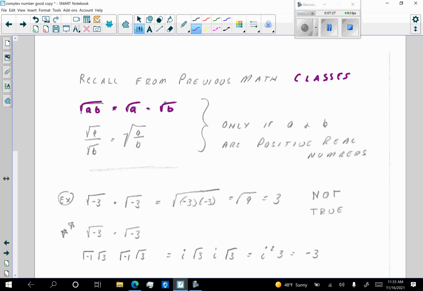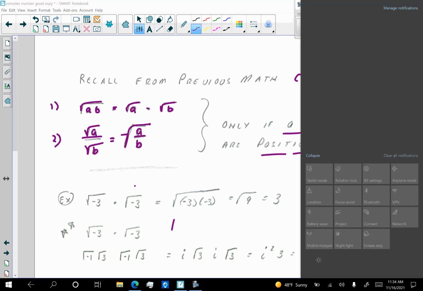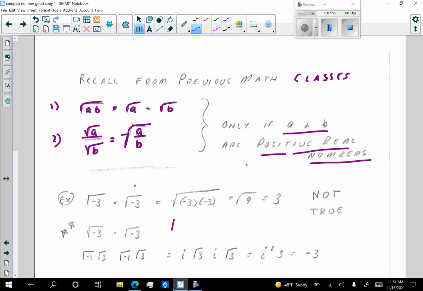And the other, so this is property number 1, this is property number 2: the square root of a divided by the square root of b is equal to the square root of a over b. The key to those two properties is they only work if a and b are positive real numbers. They only work if a and b are positive real numbers.